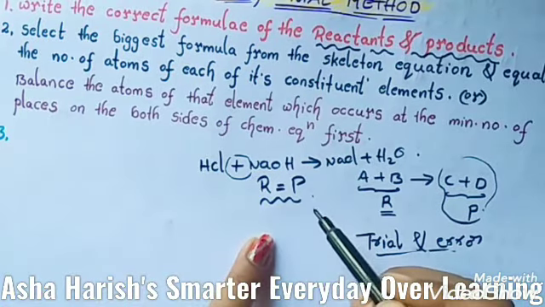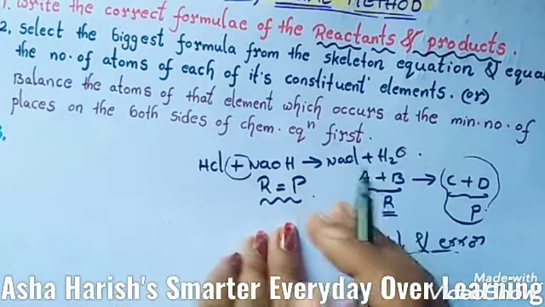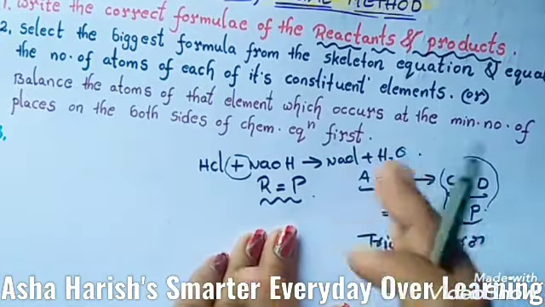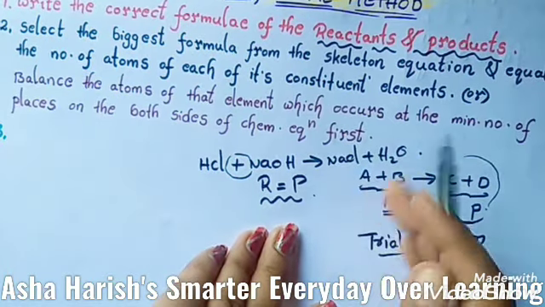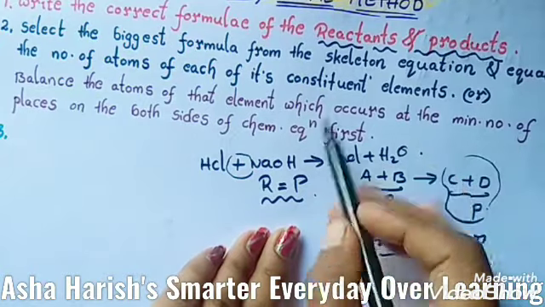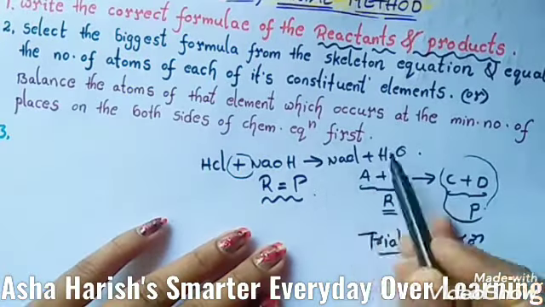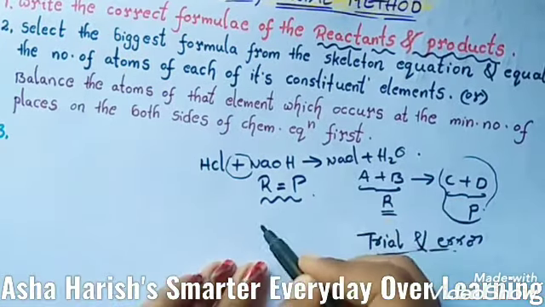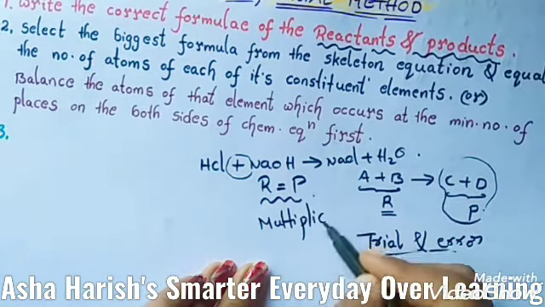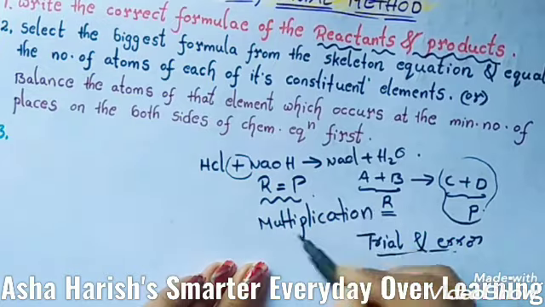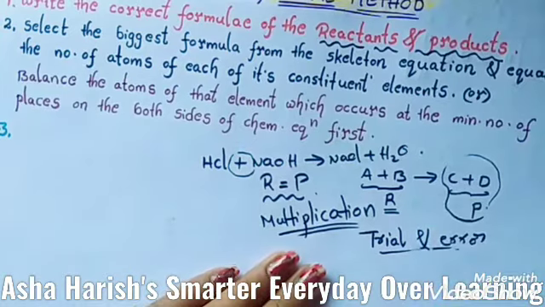According to the law of conservation of mass, these two should be balanced, so these two should be in equal number. Equalize the number of atoms of each constituent on both sides of the chemical equation by suitable multiplications, with any integer number, multiplying that reactant as well as the product.